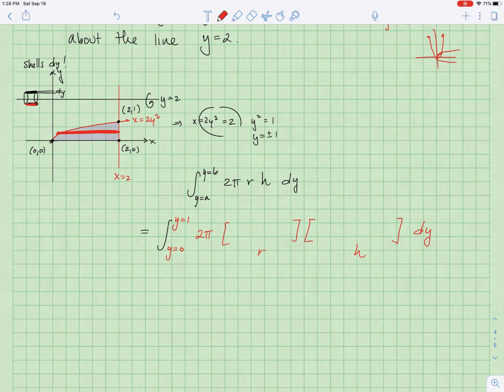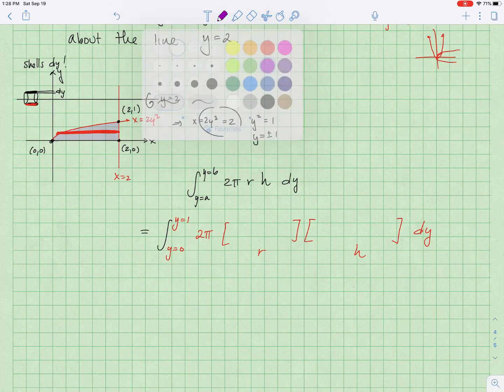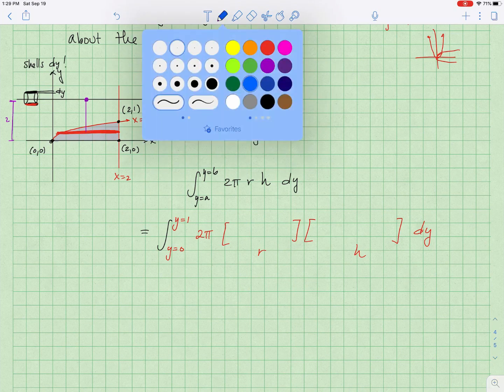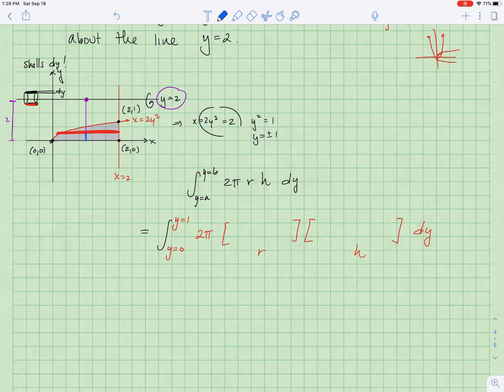So let's talk about the radius. This one is maybe a little bit trickier. Remember that the radius is measured from the axis of rotation over to our approximating strip. Now normally this is going to be a height of 2, or y equals 2, and the arbitrary distance down here from the x-axis up to a point on that red line is just going to be y.